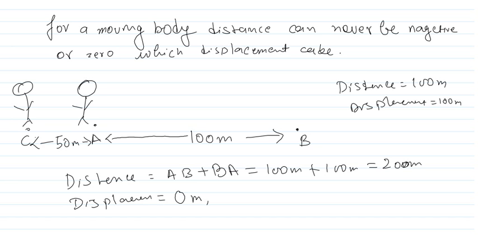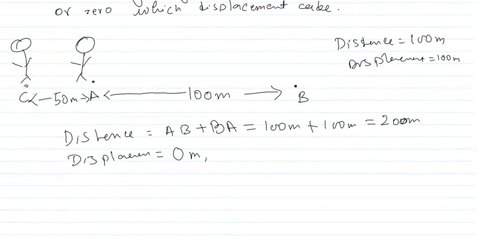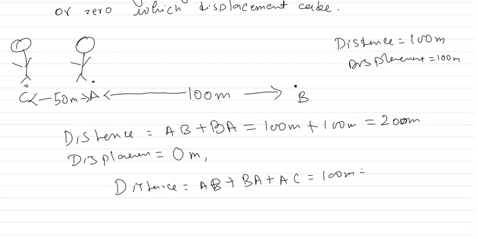Now what is the distance for this particular case? Distance is AB plus BA plus AC. So that is 100 meter plus 100 meter plus 50 meter, which will be 250 meter.